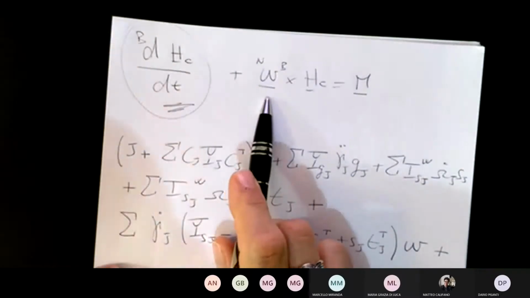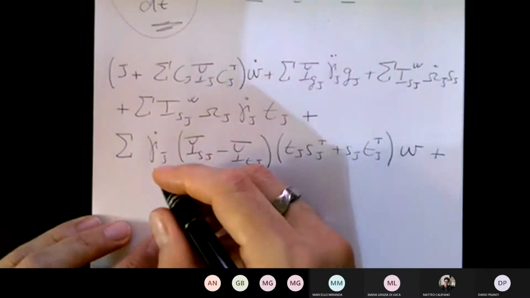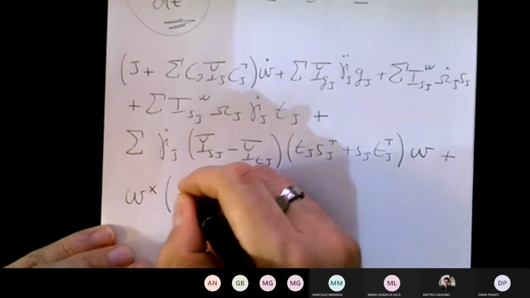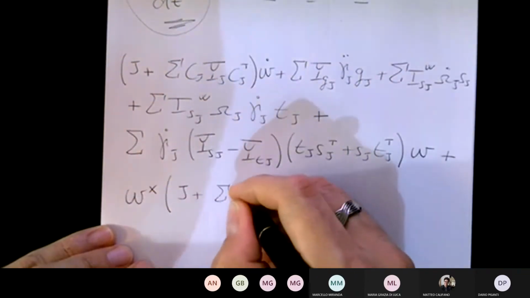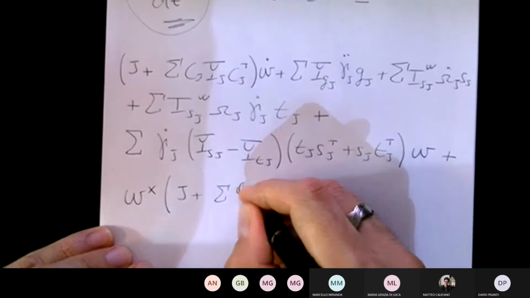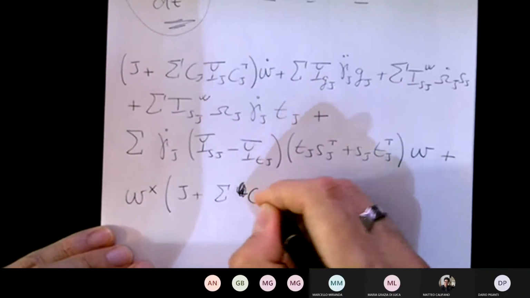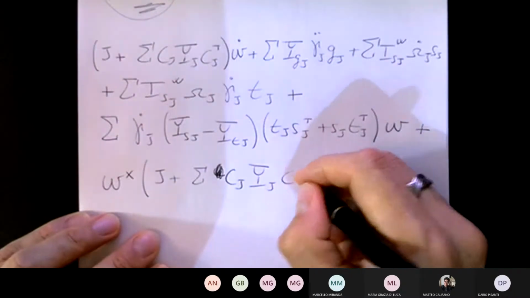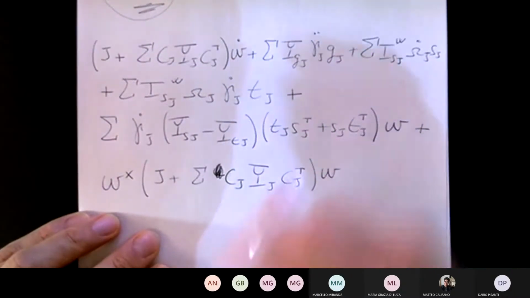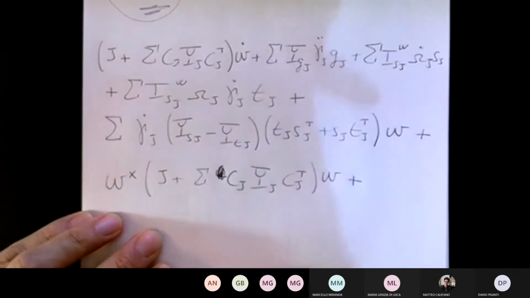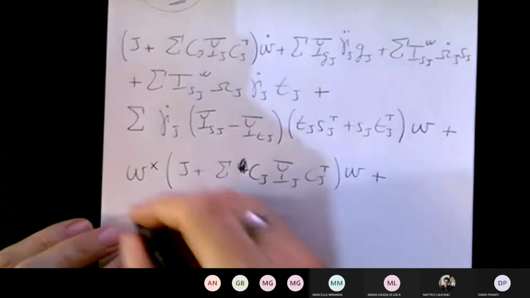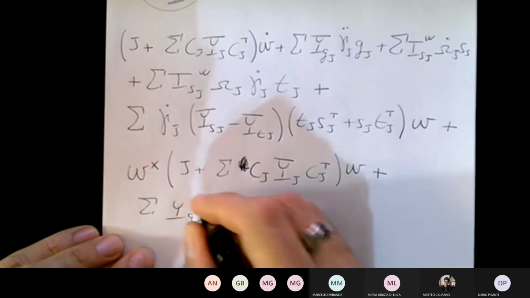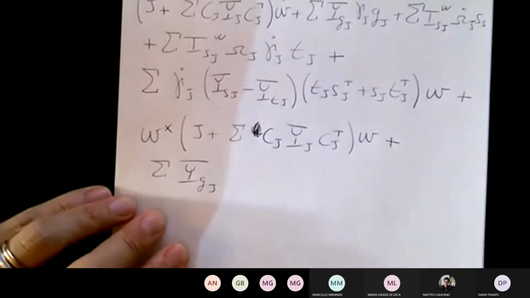Now I have this cross product, so I'm going to do that. That's omega cross applied to J plus summation of Cj Yj Cj transpose omega, plus I have summation of Y gj gamma j dot. You're not falling asleep, are you?